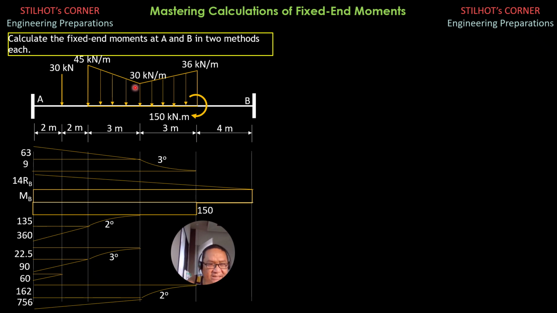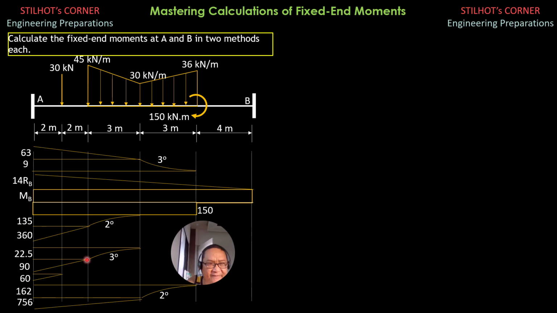Then for the triangular part, 15 kilonewton per meter, 1/2 of 3 times 15 times 1 is 22.5, and it is a third degree curve. 1/2 of 3 times 15 times 1, the moment arm, so 22.5.